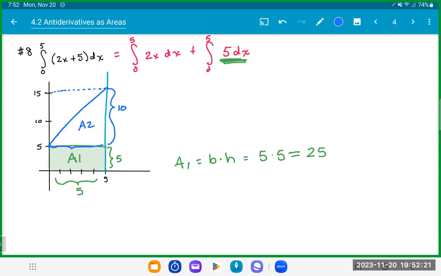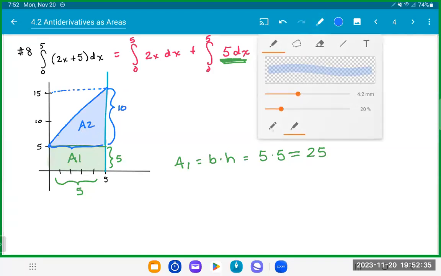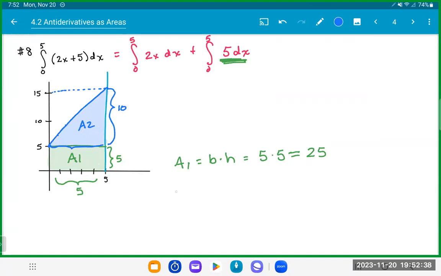So my area 2 is going to be my base times my height divided by 2, because that is what the area of a triangle is, right? Area 2 is base times height divided by 2, because we're only doing half of that rectangle, we're not doing this portion of it, okay? My base is still 5, my height is 10, divided by 2, so that's 50 divided by 2, and so it's still 25.